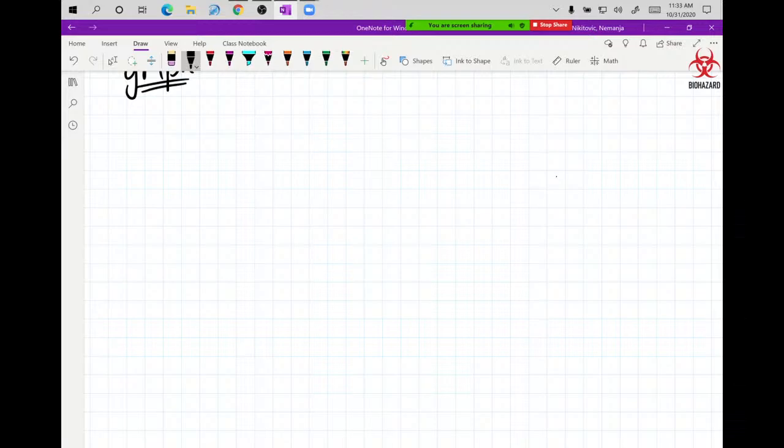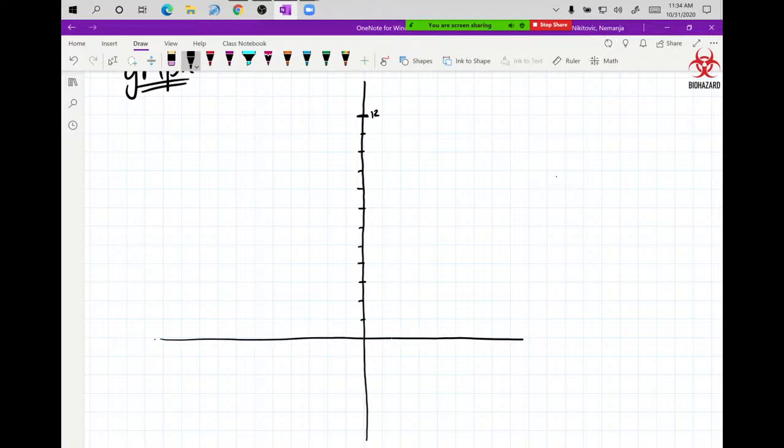Oh, actually, I know. I'm going to draw this by hand. The tablet is at a weird angle because I don't have space over here. There we go. So let's see if this is my 12. That's the 0 level for the x-axis.